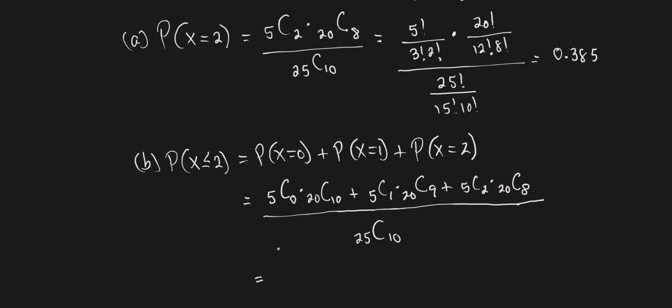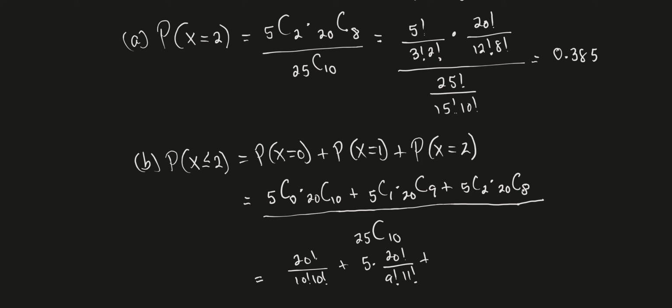And then, so 5 choose 0, that's 1. 20 choose 10, that's 20 factorial over 10 factorial and 10 factorial. And then 5 choose 1, that's 5. And then the 20 choose 9, so 20 factorial over 9 factorial, 11 factorial.